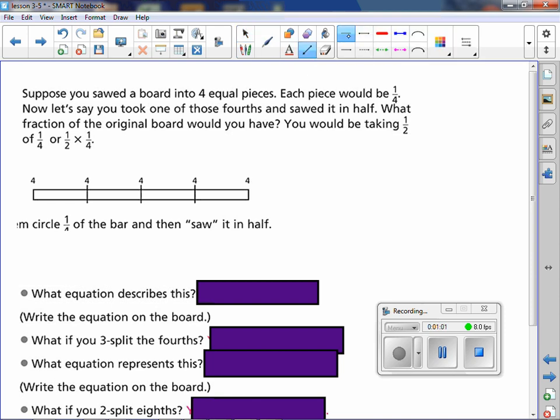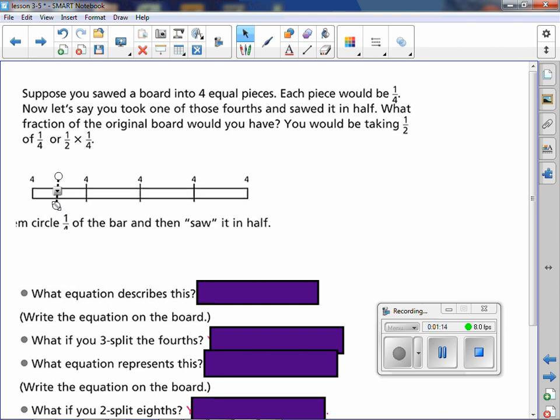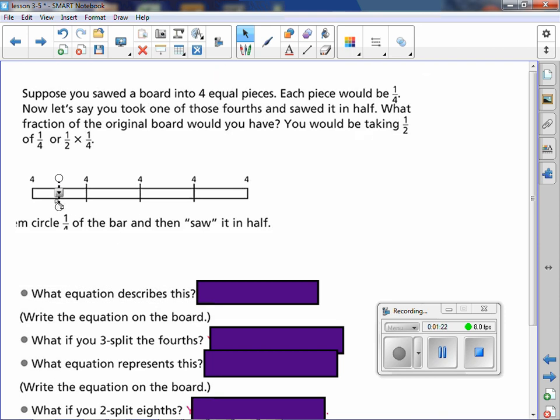It's going to look kind of like this, right? You're going to take this and go in half here. Oops, let's straighten that out for you guys. Not that piece, this piece. Okay, so you saw it in half. Once you've sawed this piece in half, then we need to keep going, right?